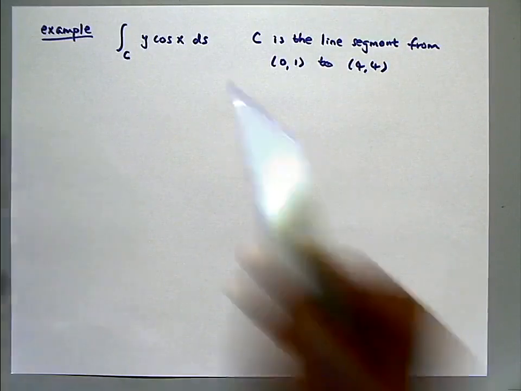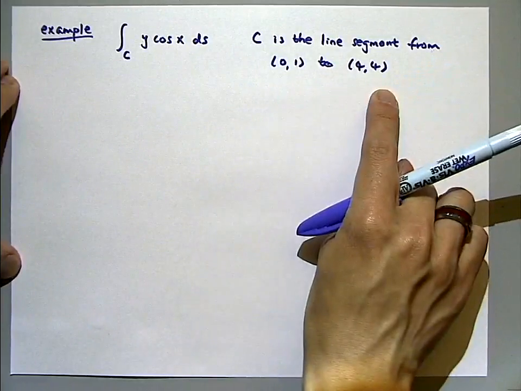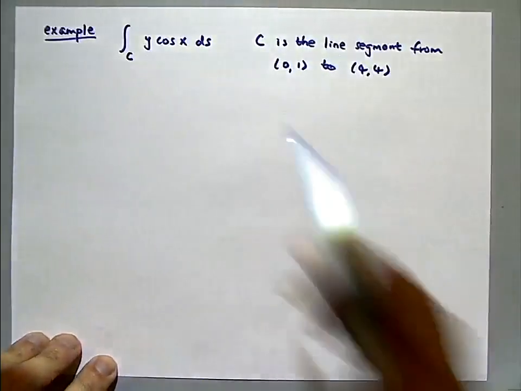Okay, integrating some function of x y along some kind of arbitrarily defined curve, a line in this case.